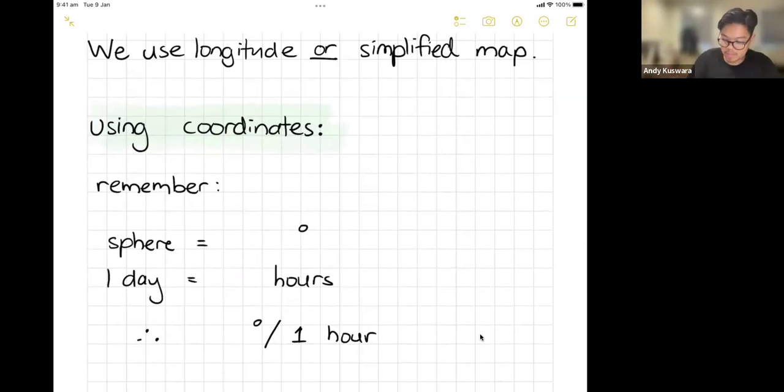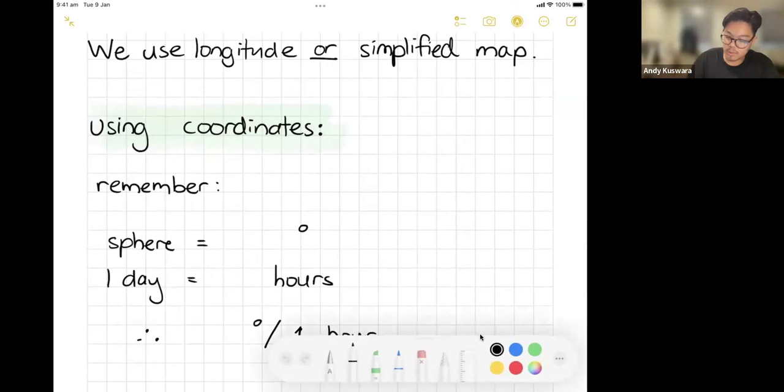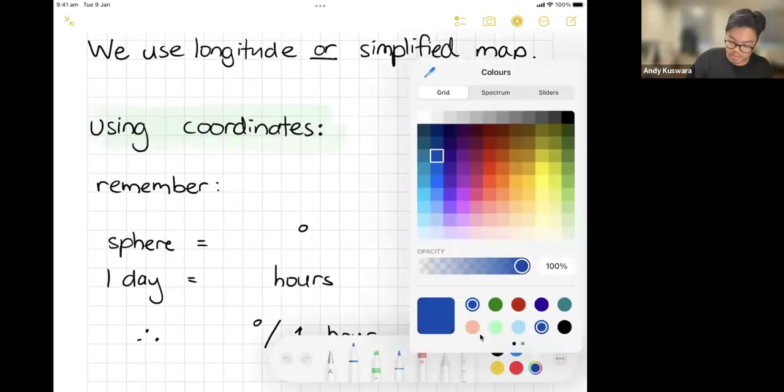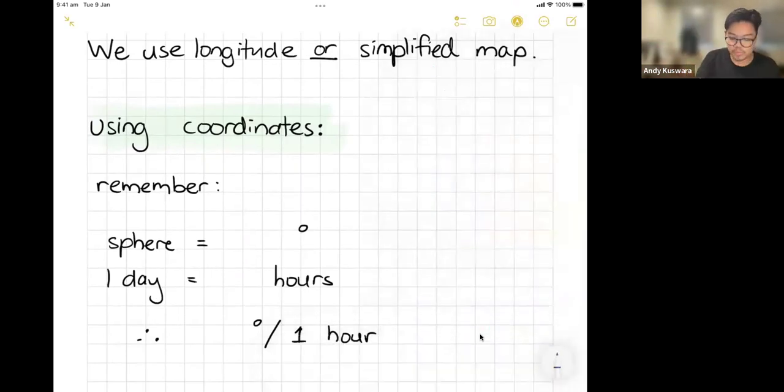When using coordinates, we need to remember this. If I'm talking about a sphere, or even when the world rotates, how many degrees are in a sphere? I need you to logic this through. There are 360 degrees in one full rotation, in one full day, and a day is 24 hours.